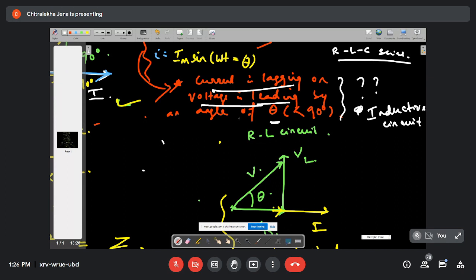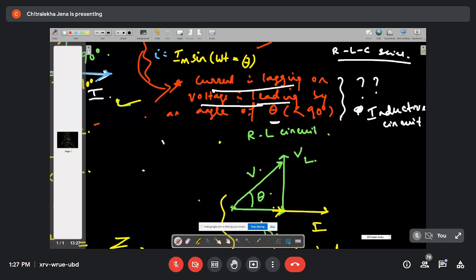Am I clear to all of you? Now, the circuit is not capacitive as well, and not purely inductive or purely capacitive, because the angle is not exactly 90 degrees. If it were exactly 90 degrees, with the current leading the voltage, then it would be purely capacitive.